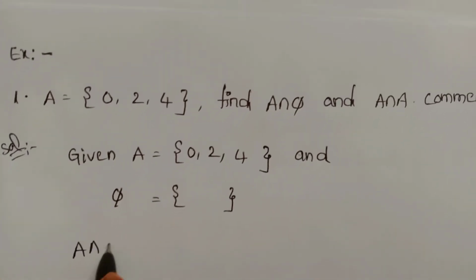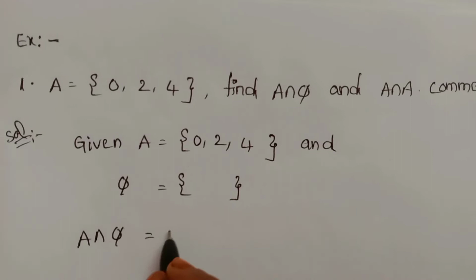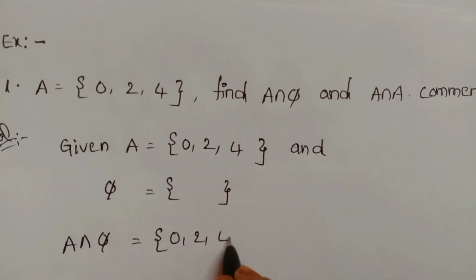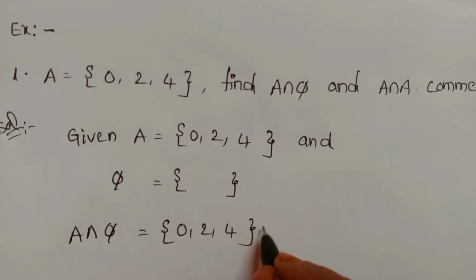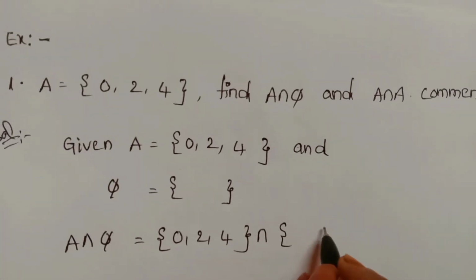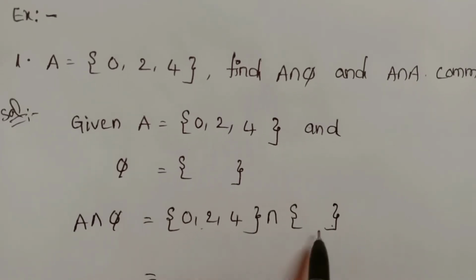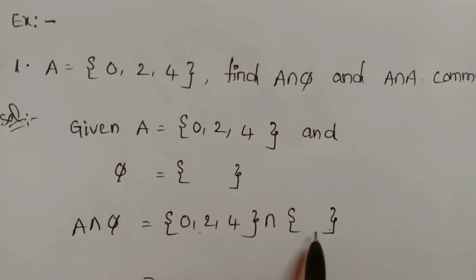A intersection phi is {0, 2, 4} intersection phi, that is equal to phi, since in these two sets there is no common element.